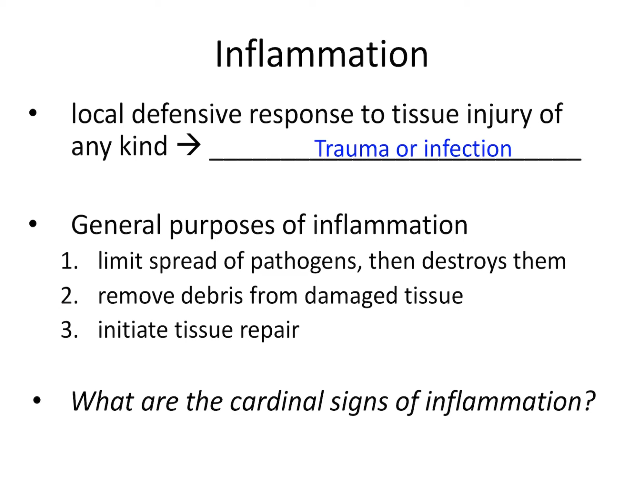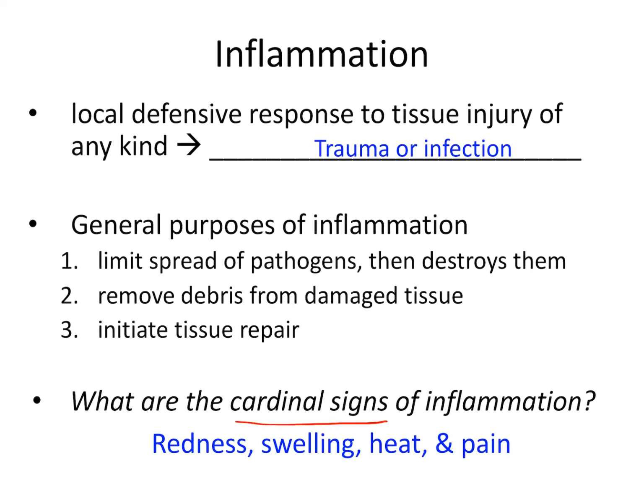Now, if you've ever experienced inflammation, which I'm sure all of us have, you know that an inflamed tissue is going to present with some cardinal signs, and these are ultimately going to include redness, swelling, heat, and pain. So on the next slide, we'll look a little bit closer at some of these specific processes or events that are triggered by the onset of inflammation, as well as what causes these cardinal signs.